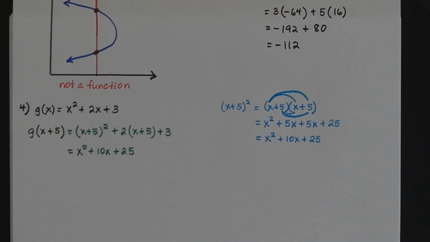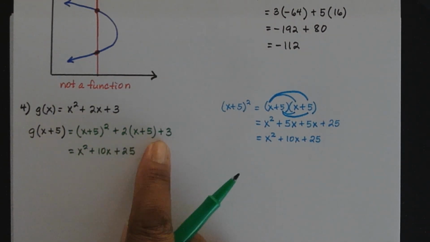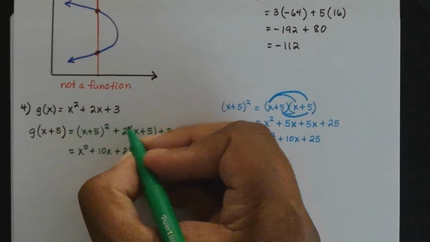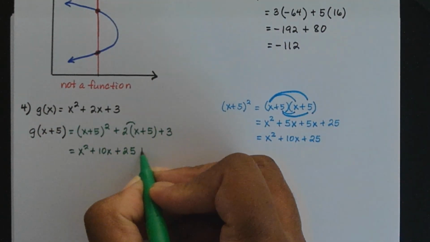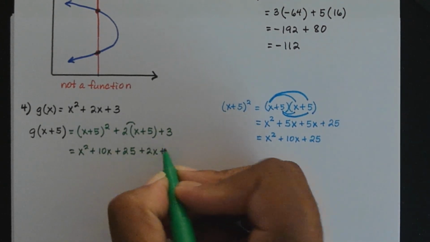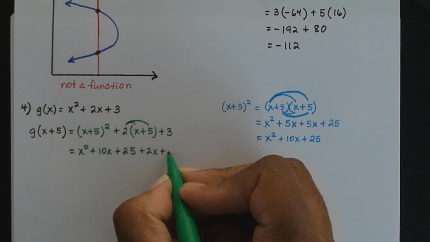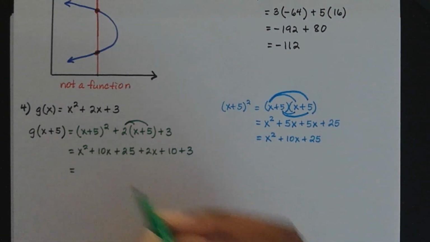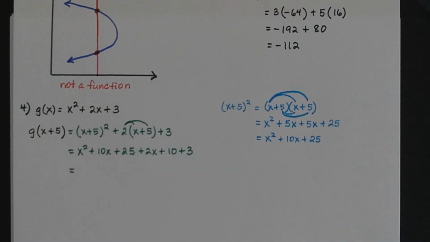And then that 2 times the quantity (x + 5), I'll just distribute that 2 over the x + 5. That would mean 2 times x will be plus 2x, plus 2 times the 5 will be plus 10, and then plus 3. And from here, we just combine like terms.